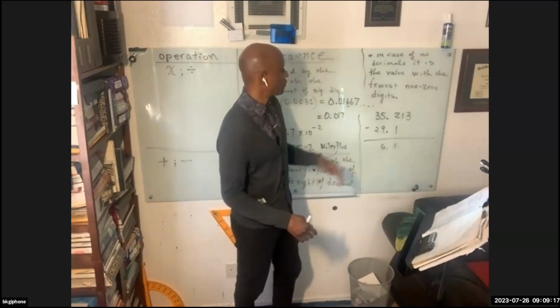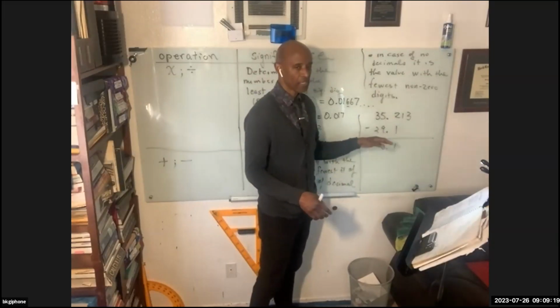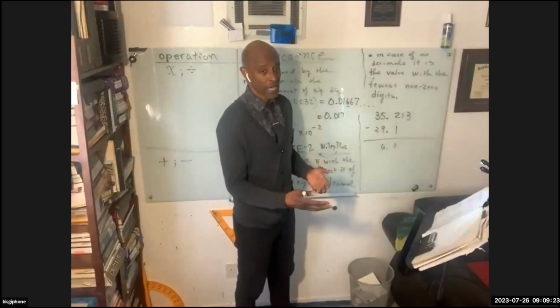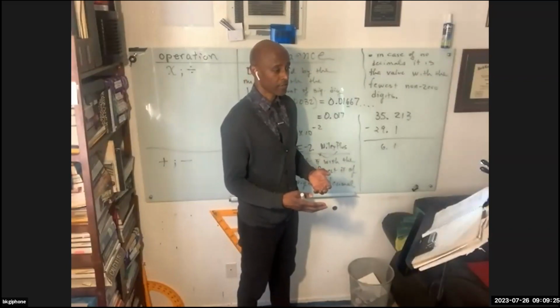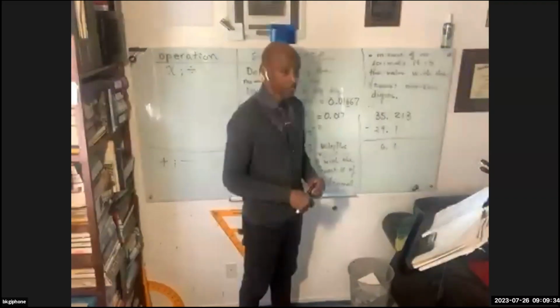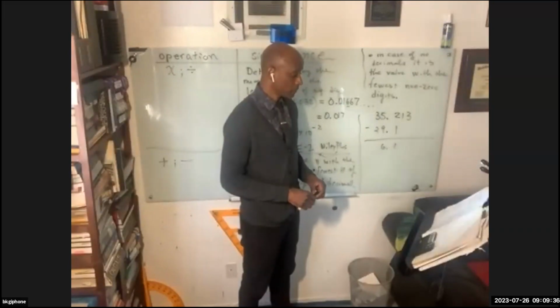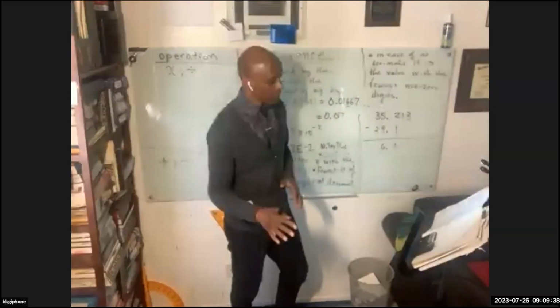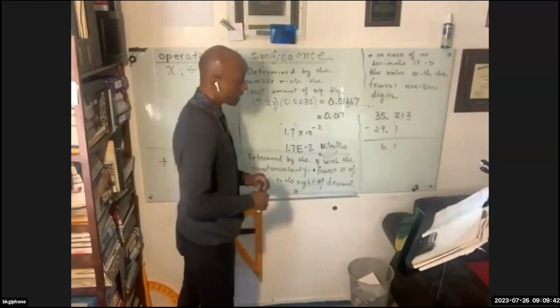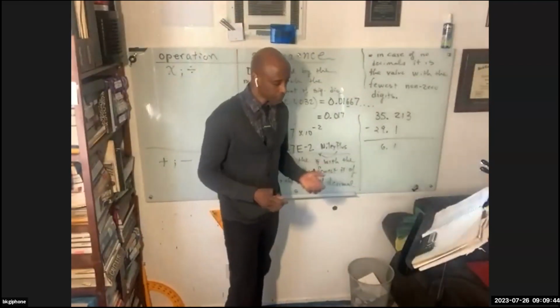So you want to get accustomed to storing all values in your stored registers as you make calculations. Then when you report the final answer to the correct number of significant digits, you reduce the amount of round off error that can be translated through your mathematical operations and calculations.